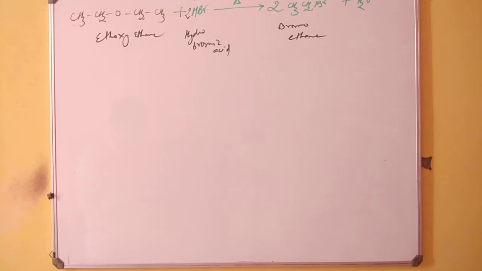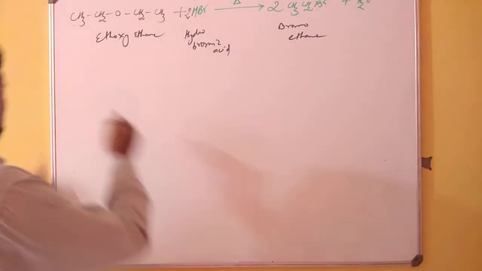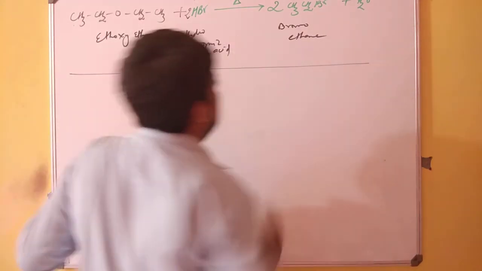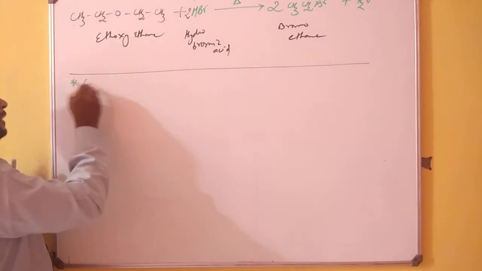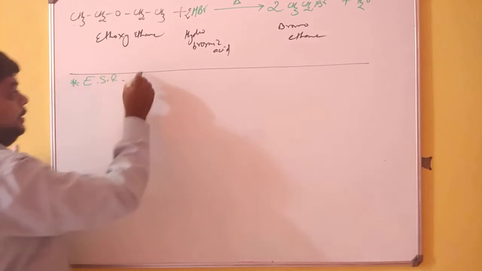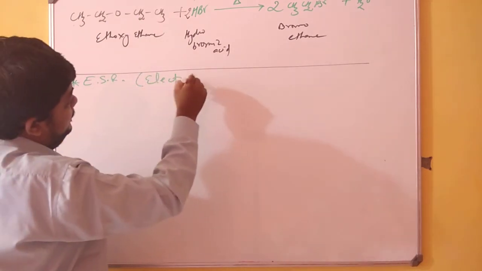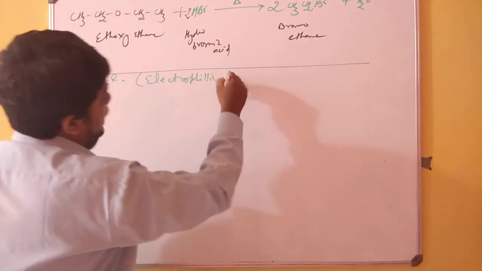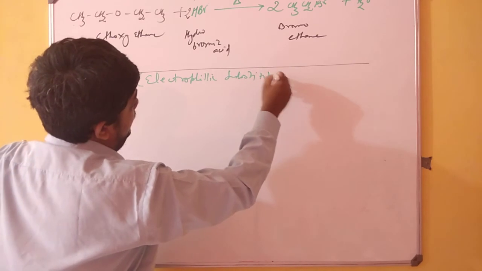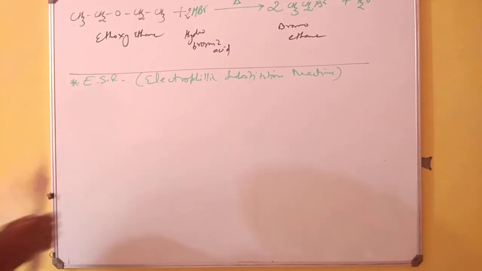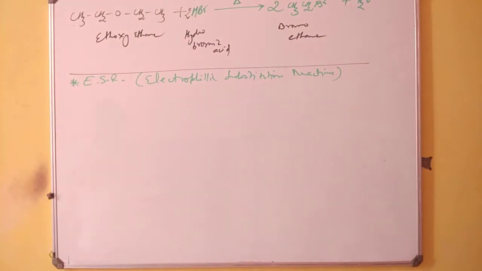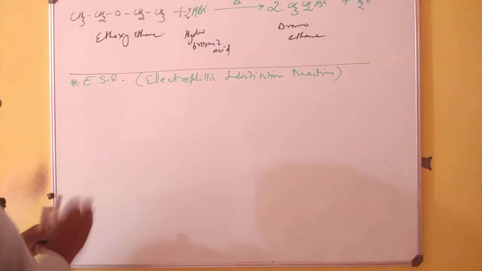See, first of all, what are the 2 most popular aromatic ethers? Why I am using the word aromatic ethers is, my title itself is electrophilic substitution reaction. When the title itself is electrophilic substitution reaction, I need to have a benzene ring on which an electrophile can attack.